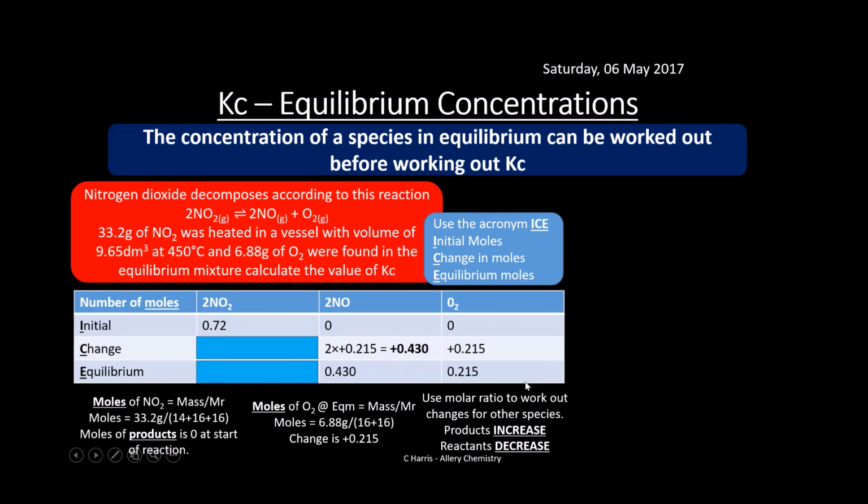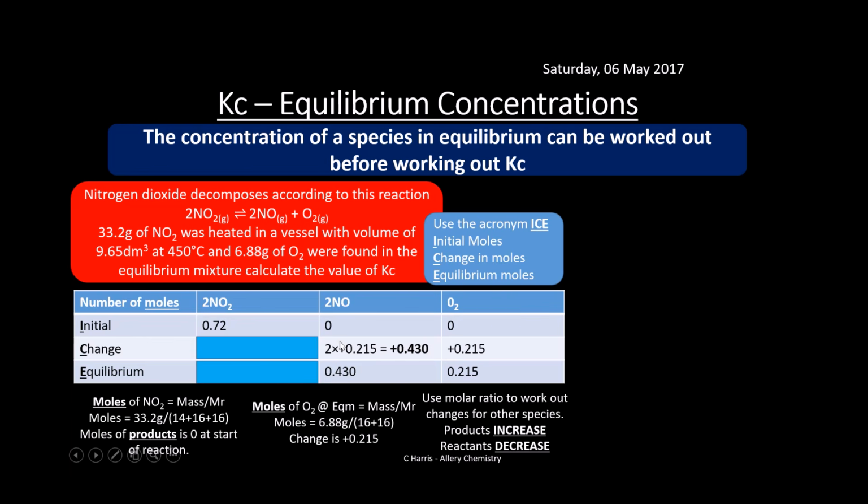If we look at NO, this is a 1 to 2 ratio. Whereas this was a change of 0.215, this will be a change of the same but doubled, because it's a 2 to 1 ratio. So the change in NO is going to be 0.430, which is double that. So 0 plus 0.430 gives us an equilibrium amount of 0.430.